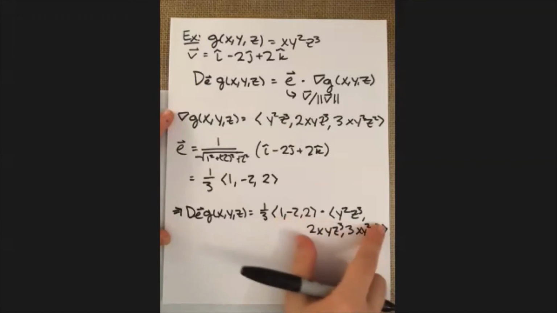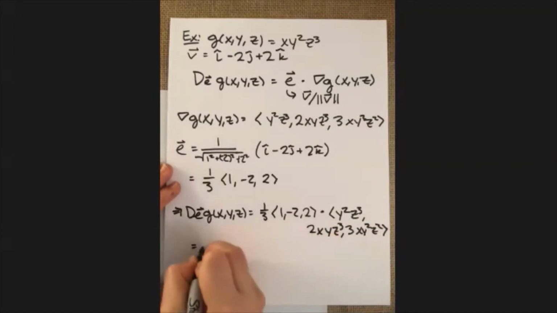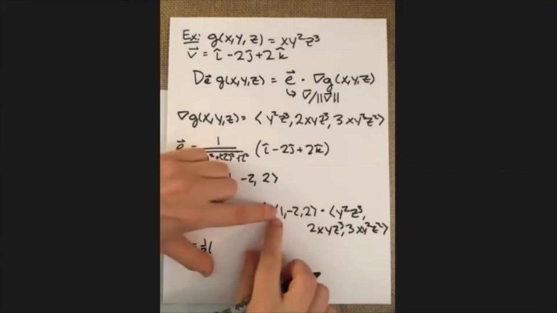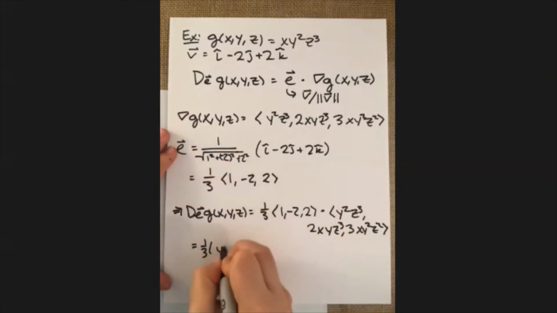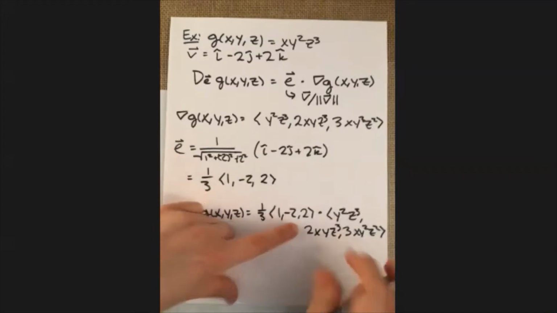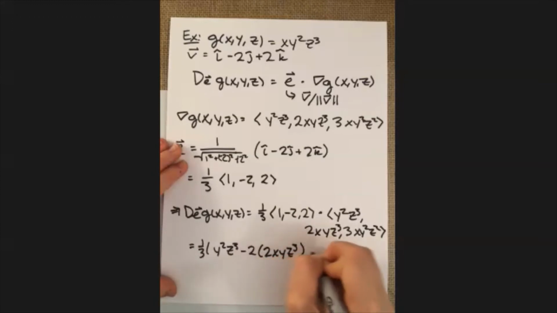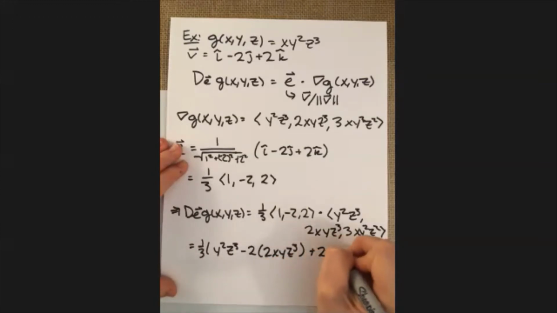So we just have to take this dot product here. It'll be 1/3, and then we'll have 1 times the first component, so that's y squared z cubed, minus 2 times our second component here, so 2xy z cubed, and then plus 2 times 3xy squared z squared. Okay.